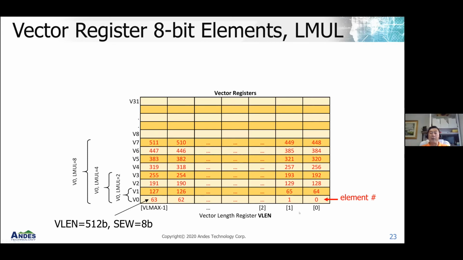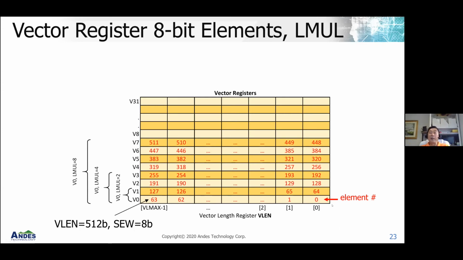So if you have a vector add instruction, it will perform all 64 8-bit add operations in parallel. But when Elmo equals 8, you have 512 elements, so it will require you to do 512 8-bit vector adds.